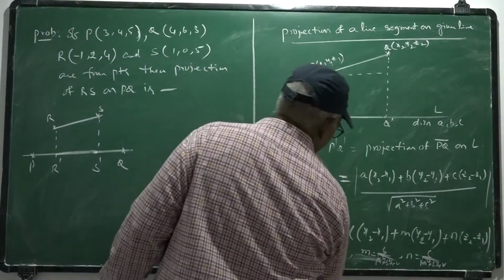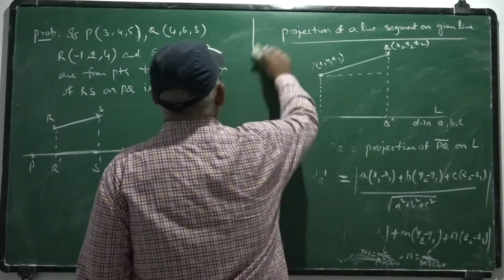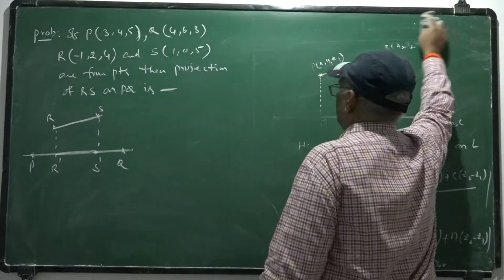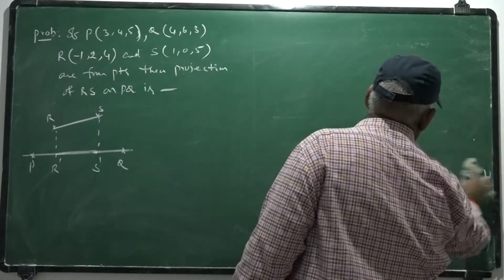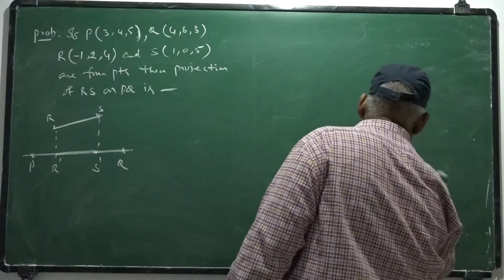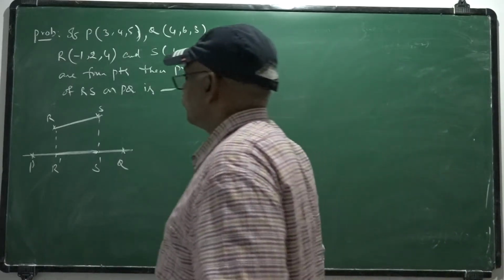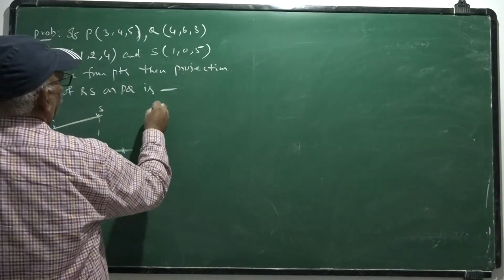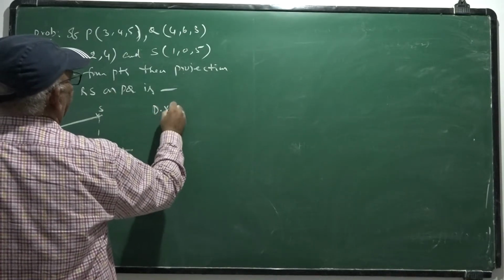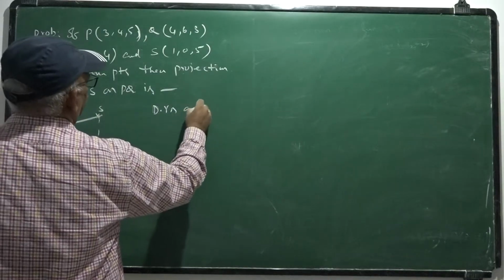For this, let us find the DCs of PQ initially. To find DCs of PQ, let us find DRs.